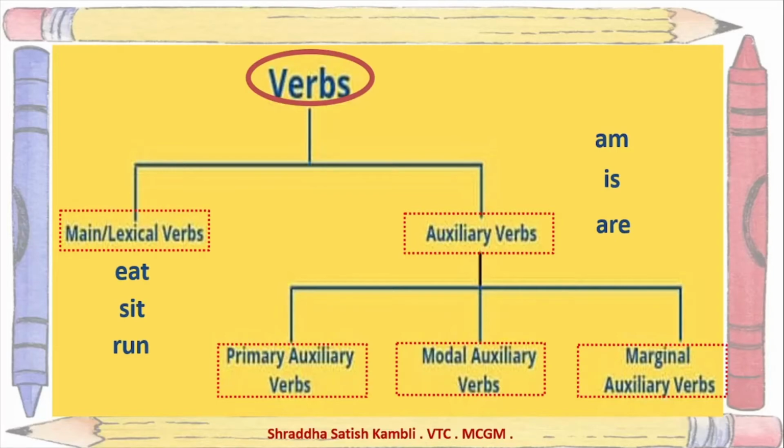That is why they are called marginal. Marginal means sometimes yes and sometimes no, as far as this verb is concerned. Okay, now which are the marginal modal auxiliaries? See, words like dare, ought to, used to, these are the marginals.